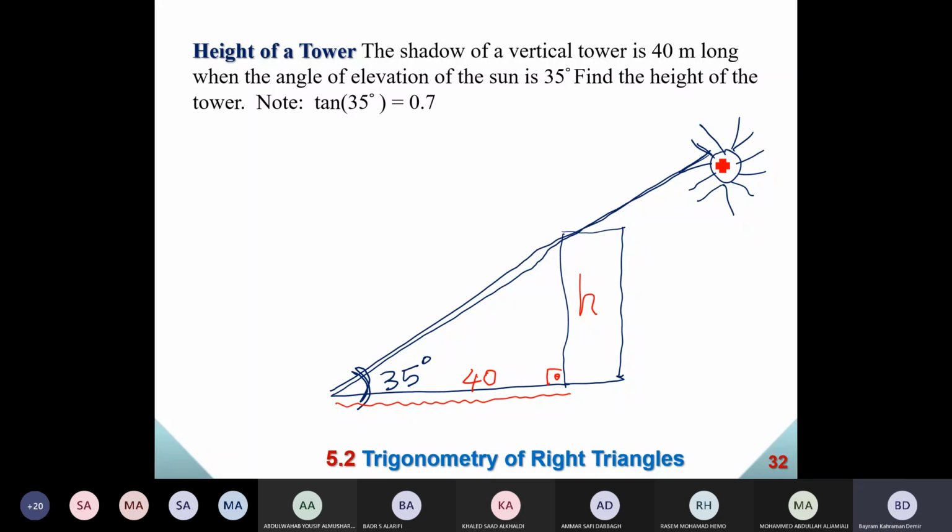Imagine you go to the sun, if you can, and the angle of depression here is the same as the angle of elevation from this point, and the angle of depression here is the same. Sure? So it's the same if it says the angle.